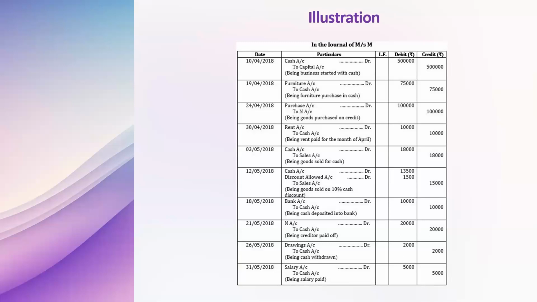So how would the journal entry be? Miami will be credit as account payable. And the debit entry would be the goods or purchase. Purchase, very good, excellent.